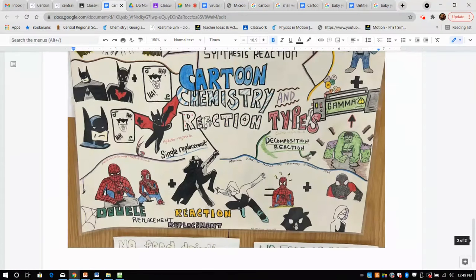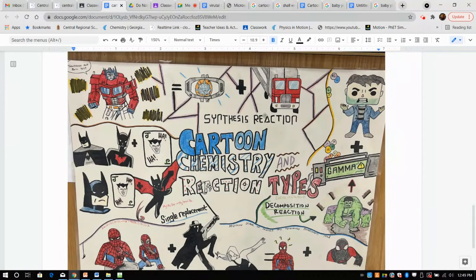Kind of like Kyle showed in this one, he broke it down. He's got the synthesis reaction in one area. He's got the decomposition, single replacement, double replacement. He put cartoon chemistry reaction types. Definitely color. He's got the reactions in there.